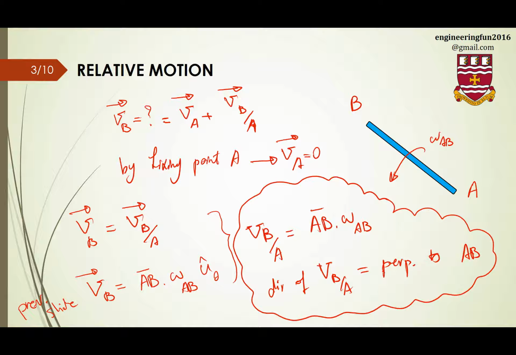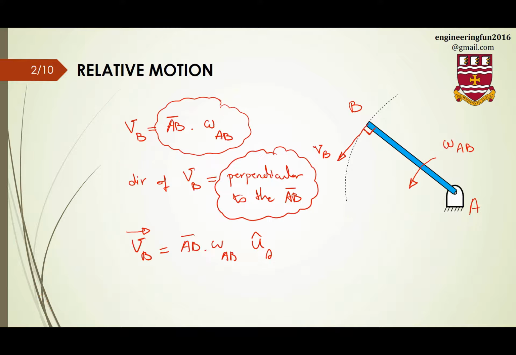So V B over A means velocity of B when A is fixed. Okay, so V something over another thing is velocity of the numerator when the denominator is fixed. In other words, this is this situation. When A is fixed, we found the velocity of B here. So whatever we found here is the velocity of point B when point A is fixed.